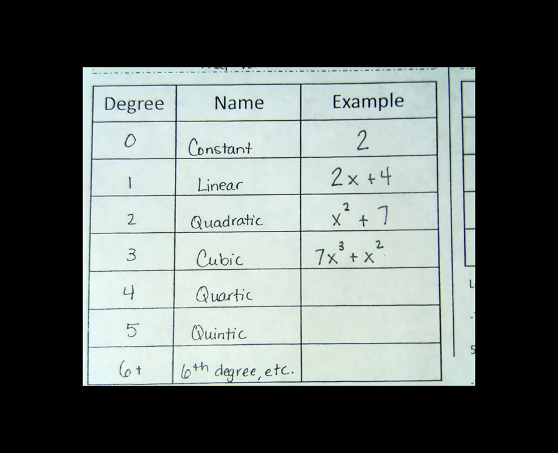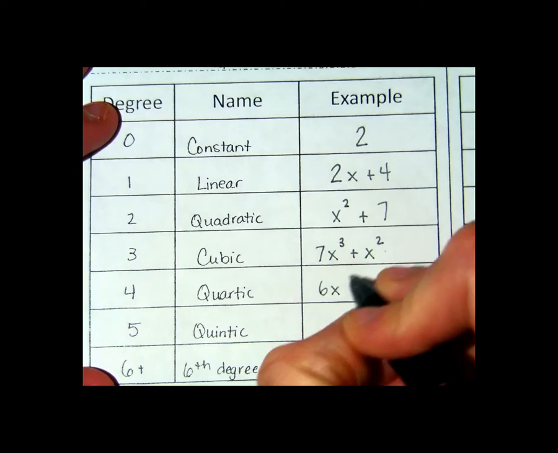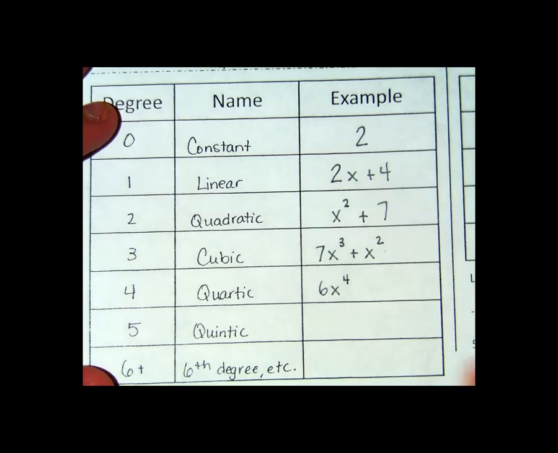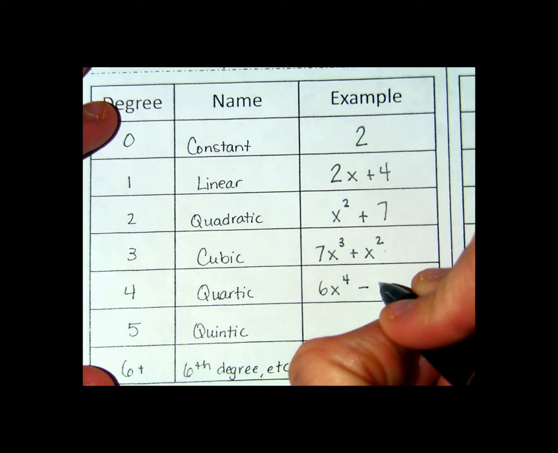Okay, how about quartic, which is 4? 6x to the 4th. Let's add something extra to it, or subtract something. Minus x cubed.